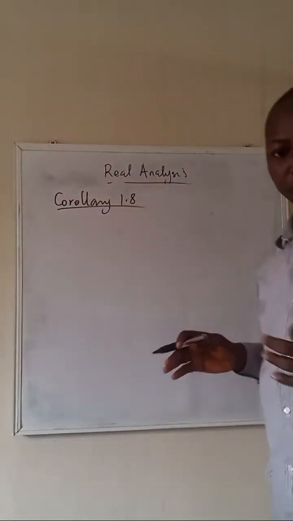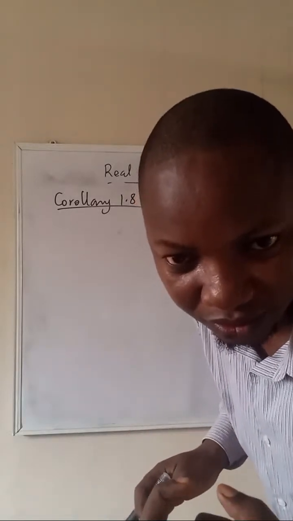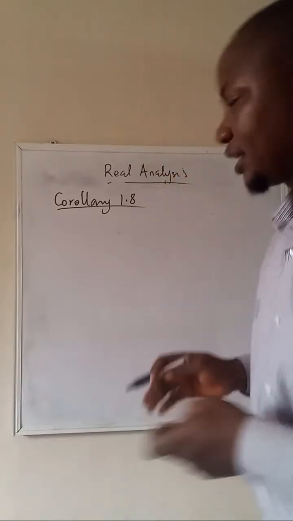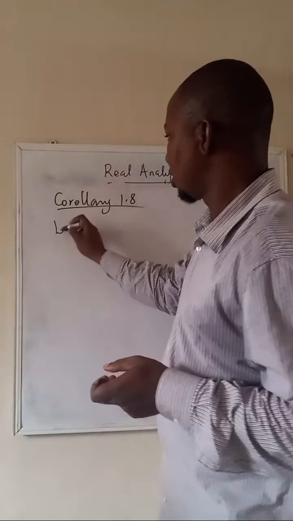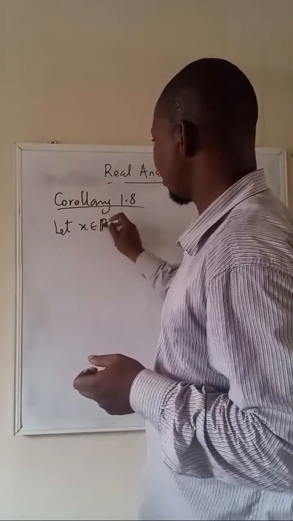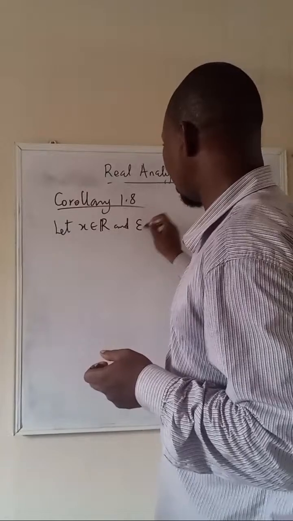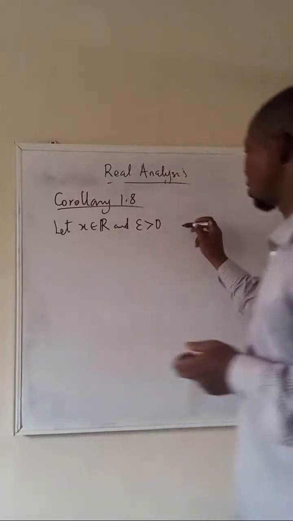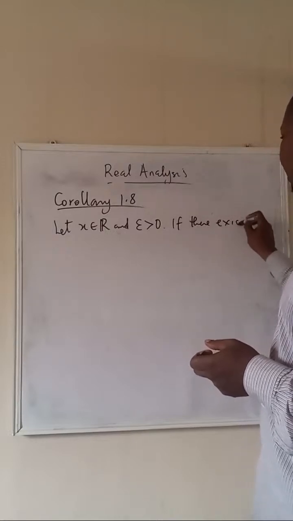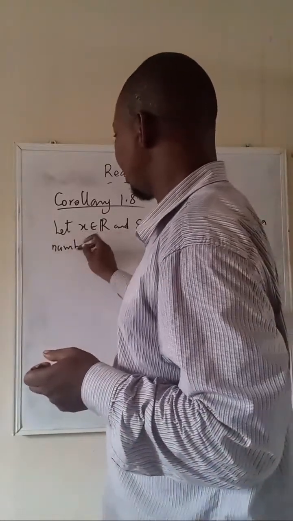Now, a corollary is like a deduction. Yes, we are continuing. Corollary 1.8. Let x belong to R and epsilon be positive.